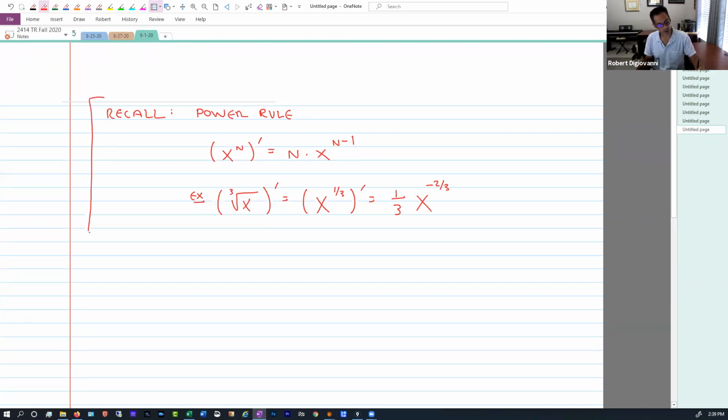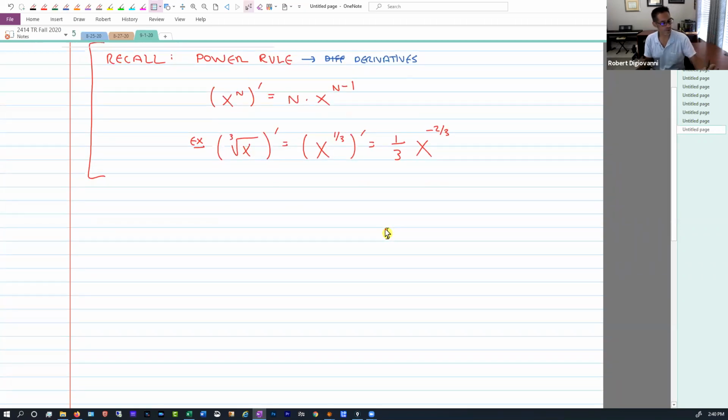That was called the power rule for derivatives, and now I'm going to add something to that. Well, I have good news. We have a power rule for antiderivatives too. So if somebody gives you a power function and you want to find the antiderivative, we have a rule that we can use.